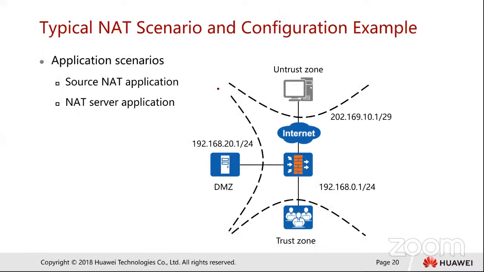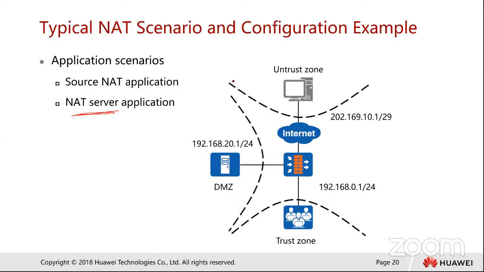And the application scenarios, where we use NAT. We're going to look at source NAT and also the NAT server application. So if you want to access your file server, you have to use the NAT server or the static NAT for you to be able to access your server.